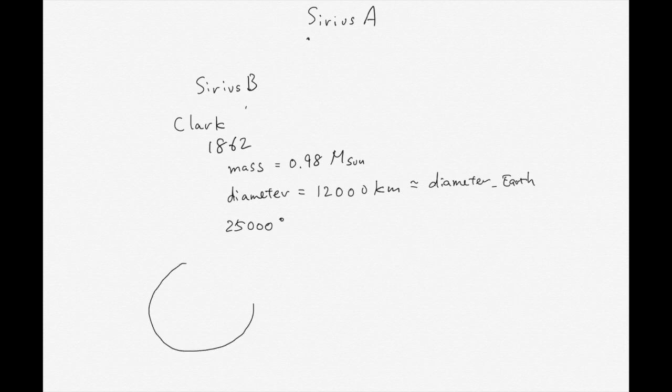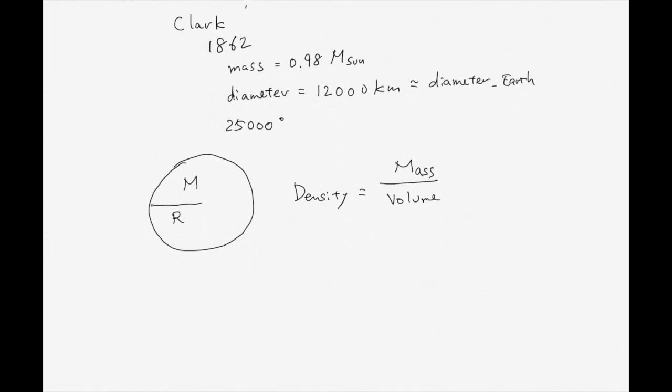So if you consider a star with mass M and radius R, then to find the density, you have to divide the mass by the volume. The mass is M, and the volume is given by 4 pi over 3 R cubed.